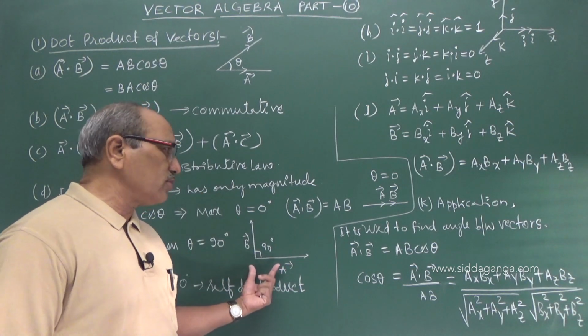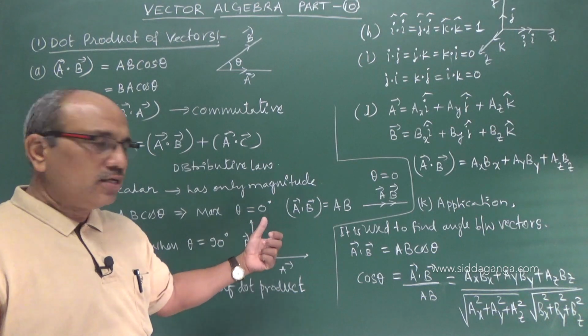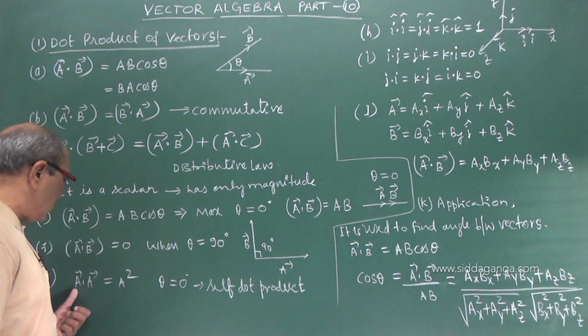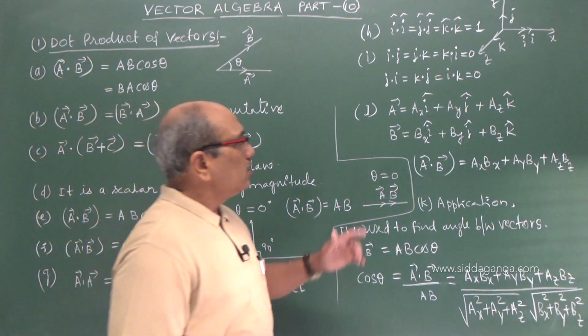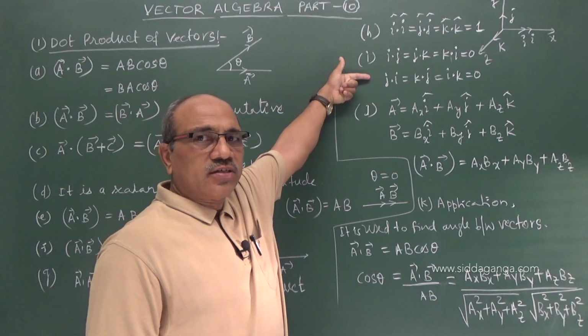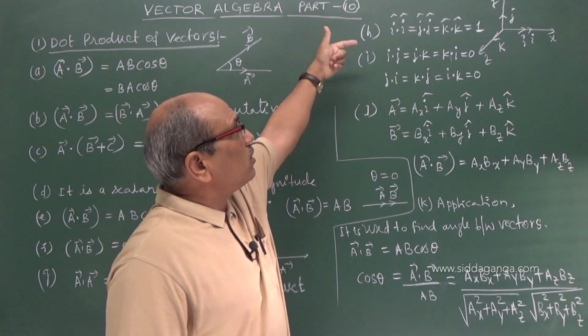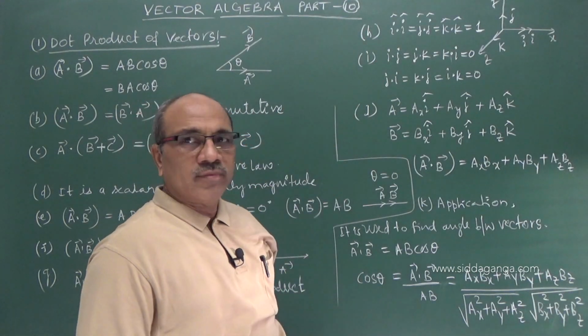For the self dot product, theta is 0, so A dot A is A square. For the unit vectors i, j, k, which are orthogonal, I dot I, j dot j, k dot k are each equal to 1.